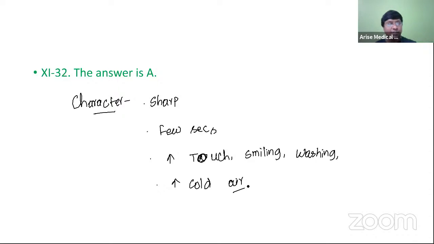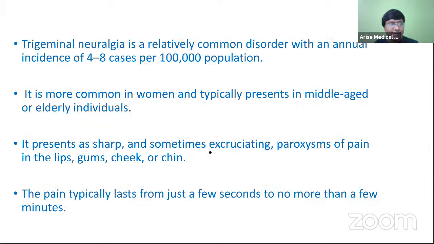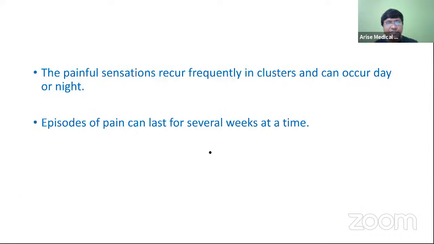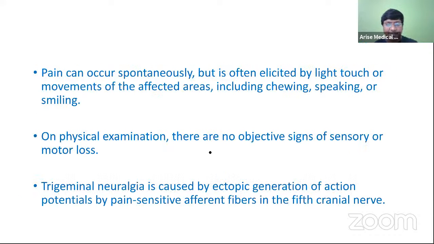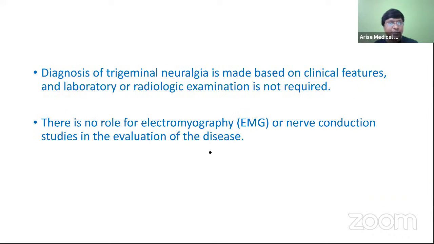All right. Now, after discussing the character of the pain, let me tell you the drug of choice. The drug of choice for trigeminal neuralgia is carbamazepine. You have to start with 100 milligrams. If the patient is not responding to carbamazepine, what is the next thing you have to do?